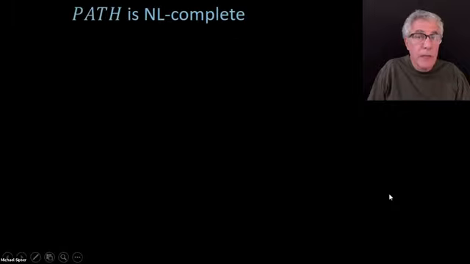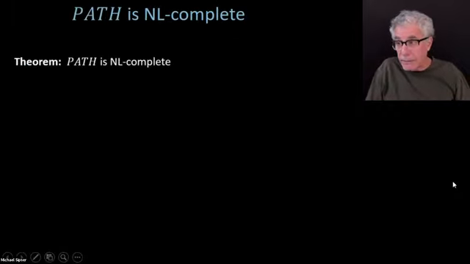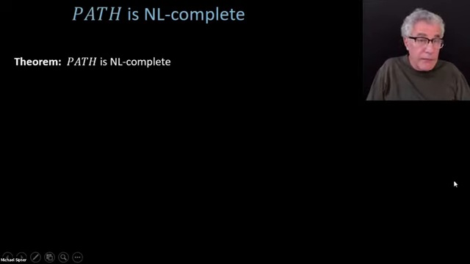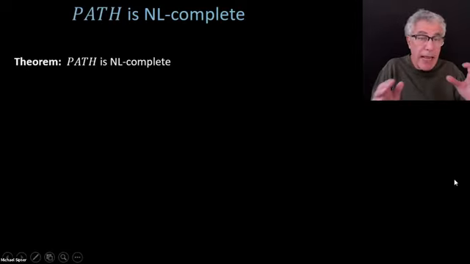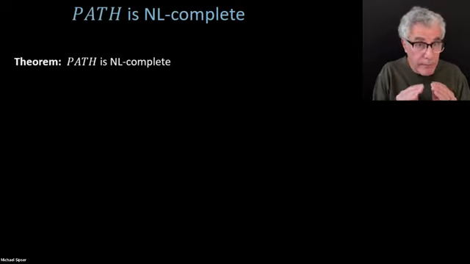Okay, so let's continue. We're going to show that the path problem is NL complete. Now we defined NL completeness, and we've seen the path problem before. We're now going to show that path occupies that very special position for NL, namely that it's an NL complete problem.